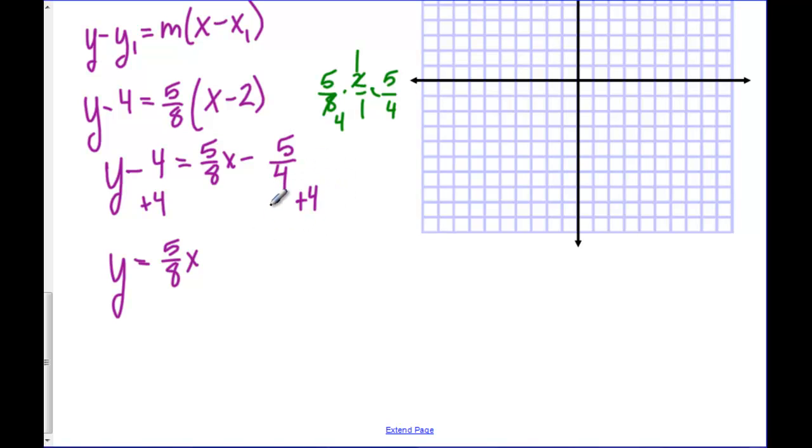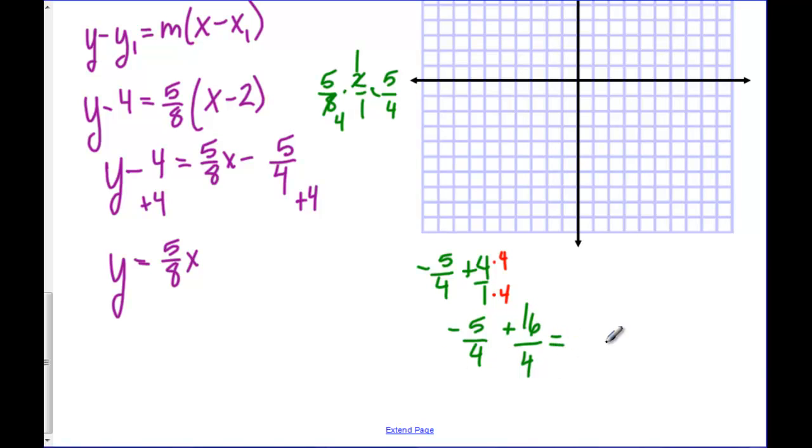Is everybody with me on that one? Nope? Okay. So we have a negative 5/4. Let's do a little thinking over here. We have a negative 5/4 plus 4. Well, it's really a 4 over 1. And to add or subtract fractions, we need a common denominator. So if we look, we can just multiply top and bottom by 4. So then we're going to get negative 5/4 plus 16/4.